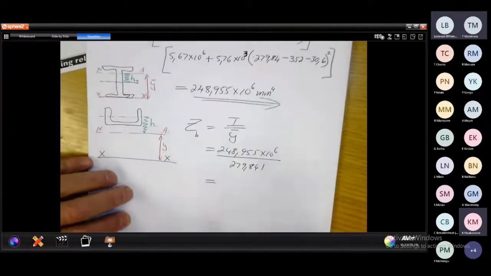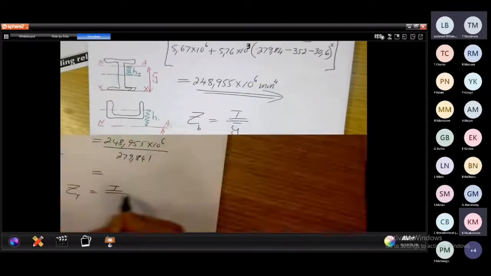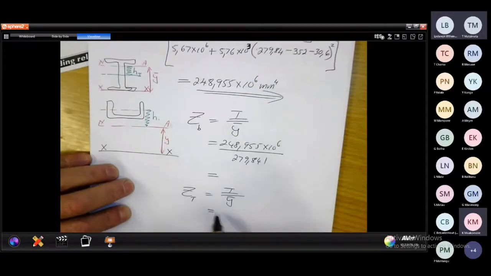All right. When you have it from the top, again it is I over ȳ. That means it's 248.955 times 10 to the power 6.